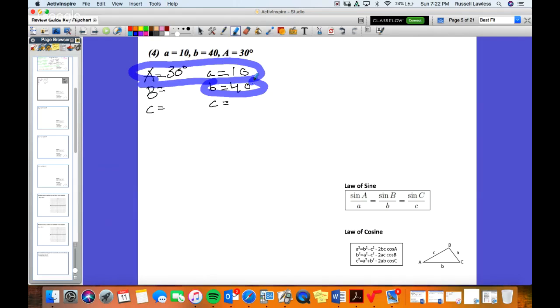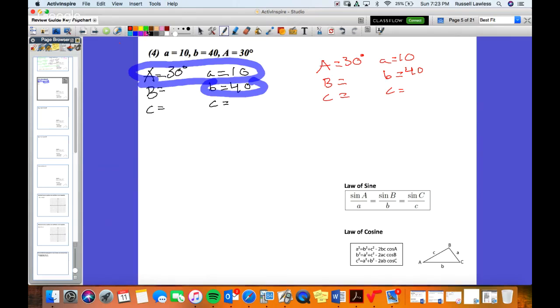That means there's a potential for a second triangle. The reason that it could exist is because we are given a complete set, meaning the A couple. It doesn't have to be angle A and side A. It could have been angle B and side B.